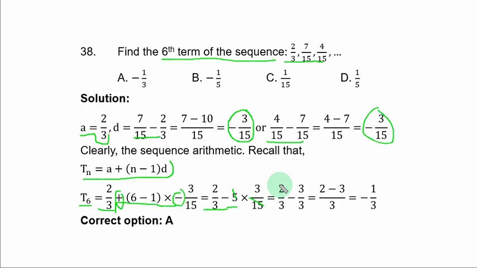So you have 2 over 3 as the first term minus 3 over 3. Fractions under subtraction, they are like fractions. You simply subtract the numerator, that is 2 minus 3 over 3, and you have minus 1 over 3. So the sixth term is minus 1 over 3. A is the correct option.